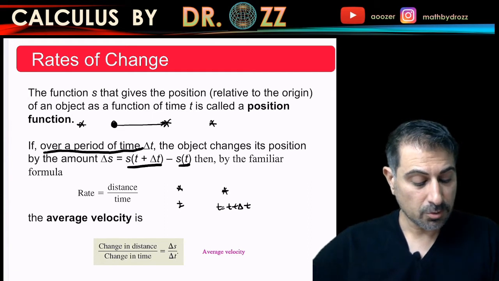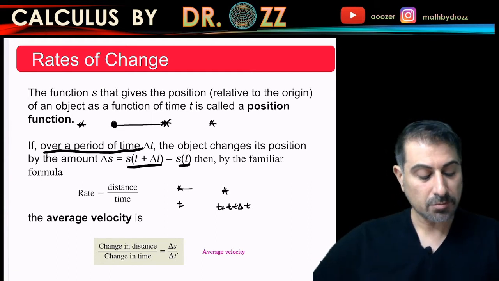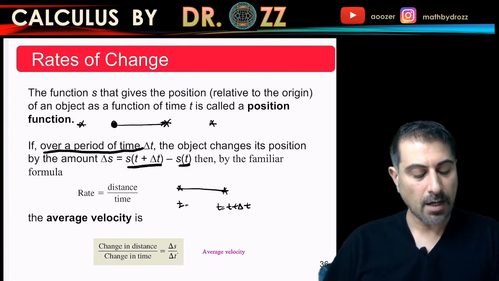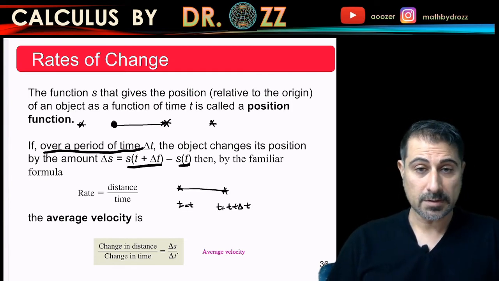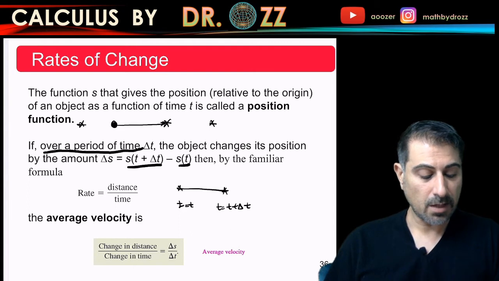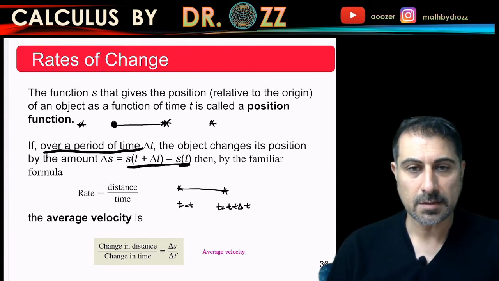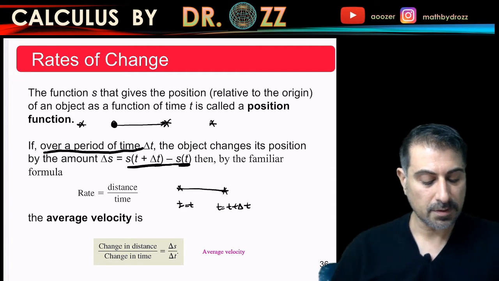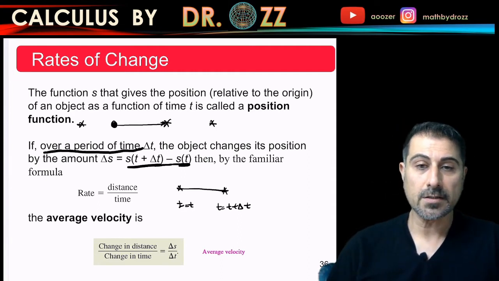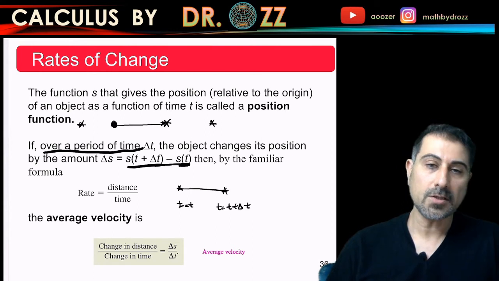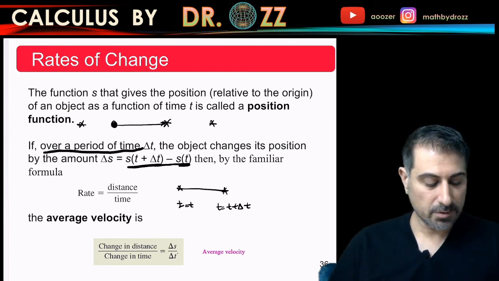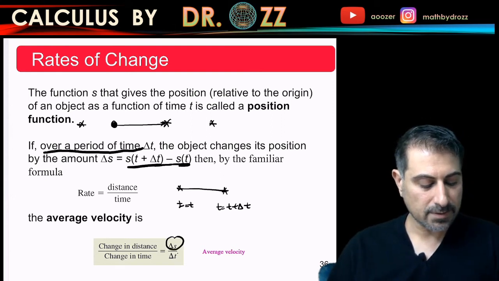The total distance that you travel between the time moment t and the time moment t plus delta t is going to be the difference between s of t plus delta t and s of t, so the rate of change from t to t plus delta t is going to be the distance traveled divided by the elapsed time. So that's going to be called delta s over delta t.